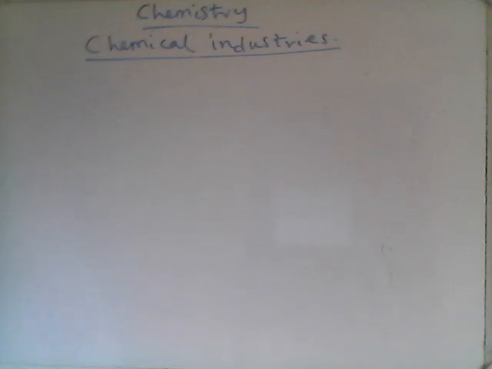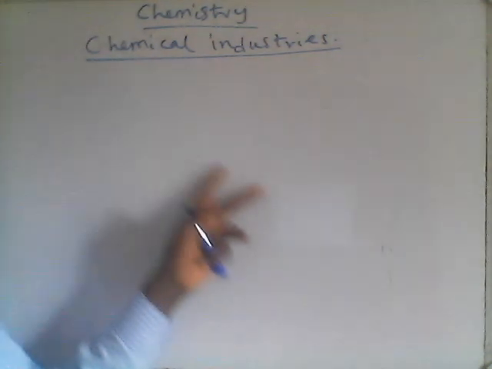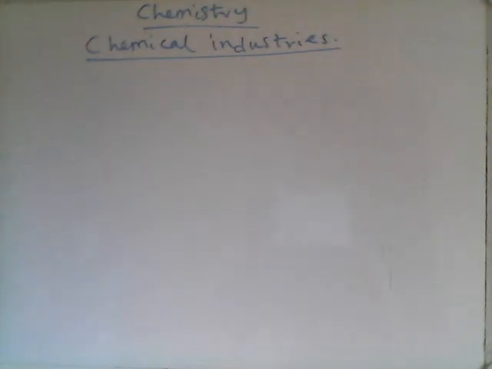So we'll dive in. Chemical industries actually are sectors that apply chemical processes to convert raw materials to useful products. These industries are vital to national development, as they produce essential goods such as fertilizers, soaps, glass, cement, industrial chemicals.